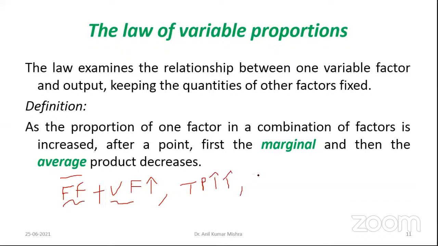Then after that, total product increases at a diminishing rate. Why is it so? Initially, when the variable factors increase along with the fixed factor, total product increases at an increasing rate. Thereafter, total product increases at a diminishing rate.